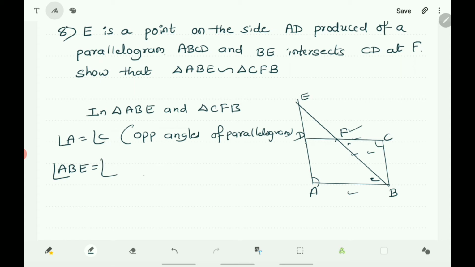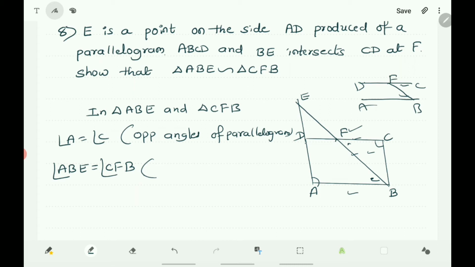CFB. Reason? Here you know that these two angles are like this way. Here AB is parallel to CD and the line is like this way. So these two angles become the alternate angles.